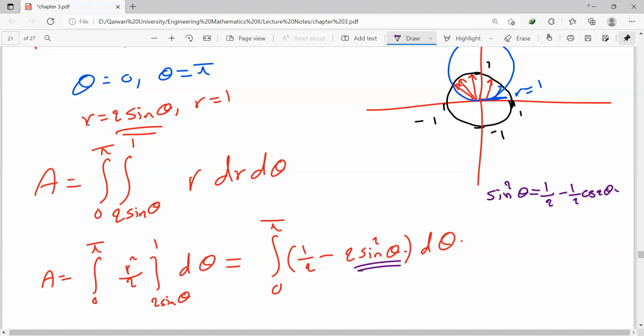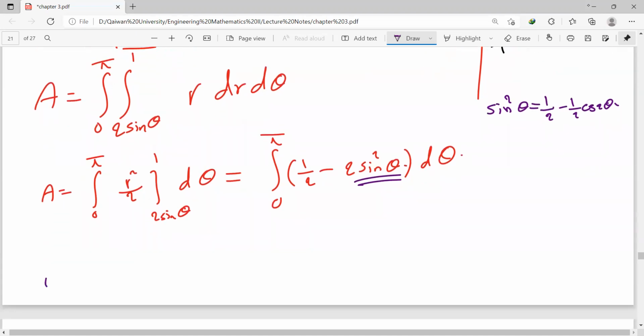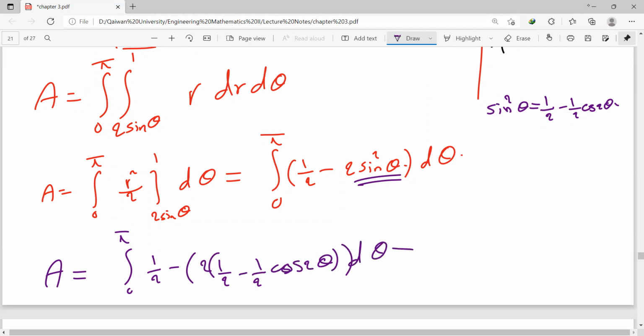Now we replace this by that to find its integration. We cannot find the integration of sine squared of theta directly because we have no derivative of sine. That's why we say A equals the integration from 0 to pi of a half minus 2 times a half minus a half of cosine 2 theta d theta.